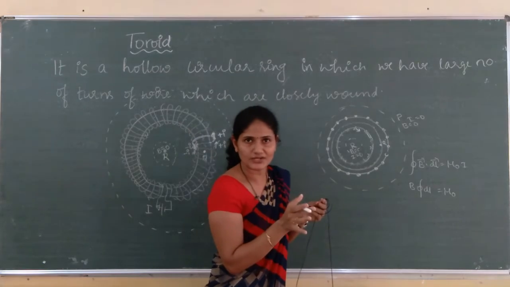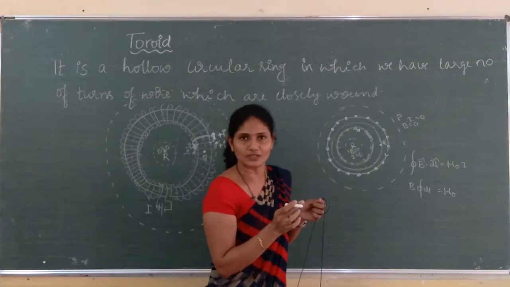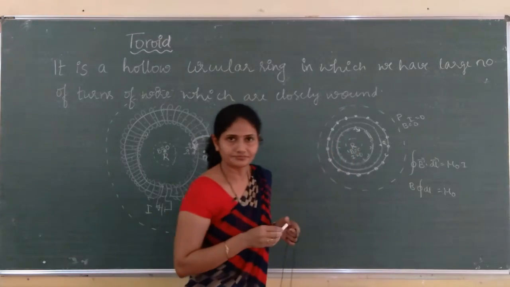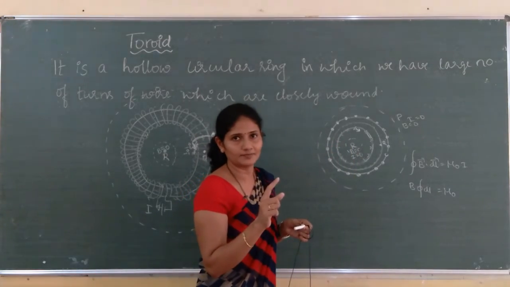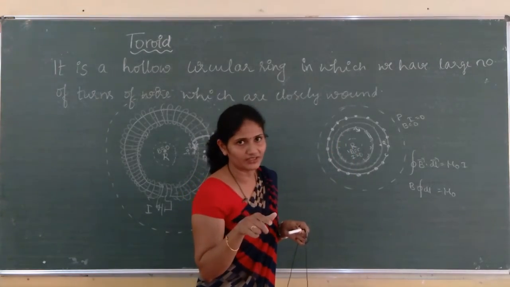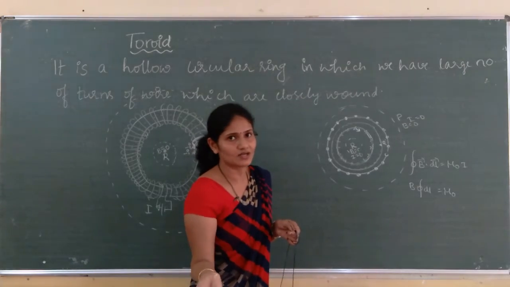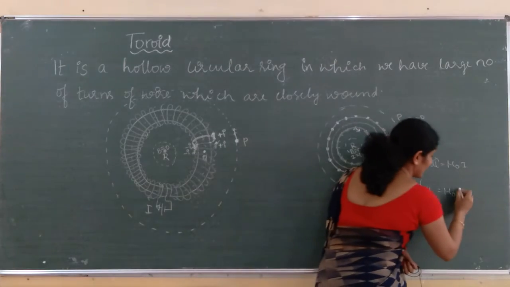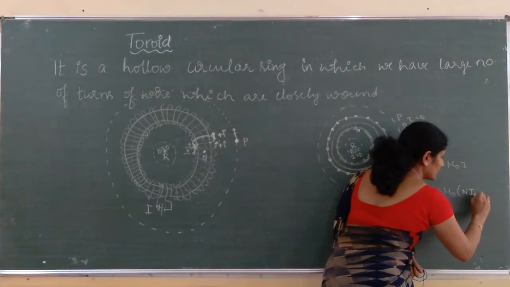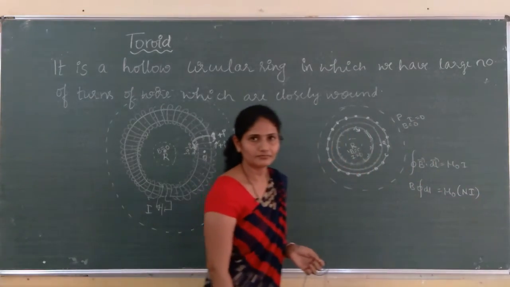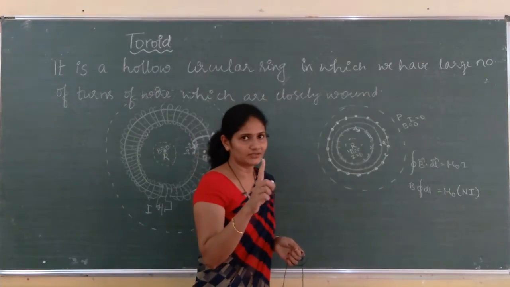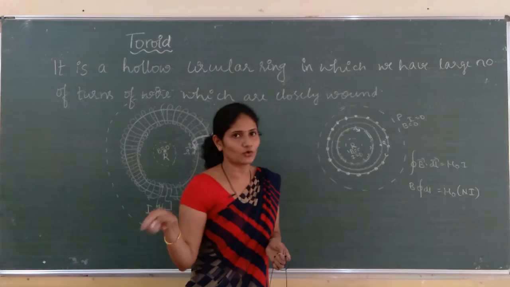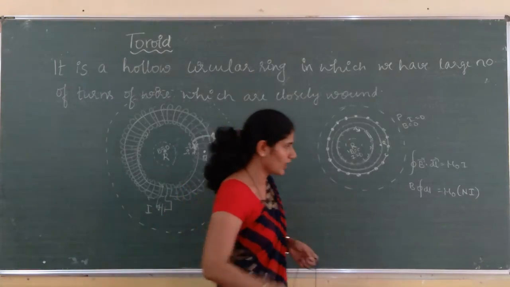If they are in the same direction, then the net current is the total current. In one turn, I is the current flowing; in N turns, how much current is flowing? Cross multiplication, N into I. So, the total current is N into I.